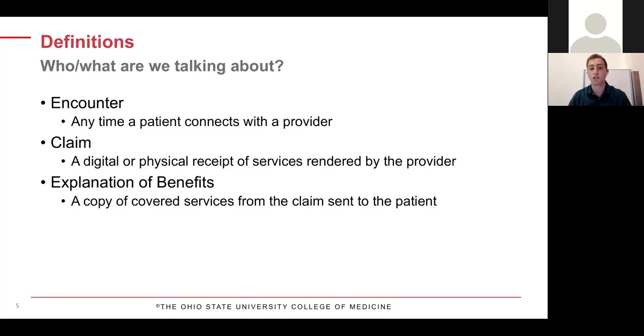And so it's a digital or physical receipt of services rendered by the provider. I believe with the onset of the electronic medical record, we're somewhere near 97% of all health insurance claims that are submitted digitally, but there still needs to be a mechanism for the physical receipts in order for providers to still be paid for their services.